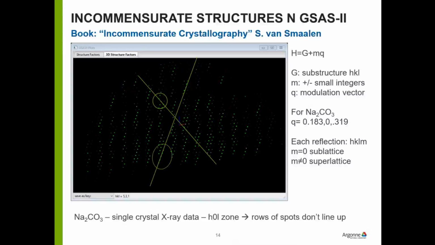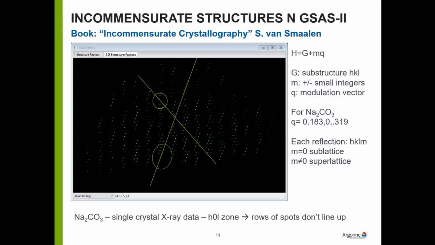And there's a modulation vector that describes how these things are incommensurate. And in this case, it's roughly a sixth, 0, a third, but not quite. If it was exact, you could call it commensurate, but it isn't, so it's not.